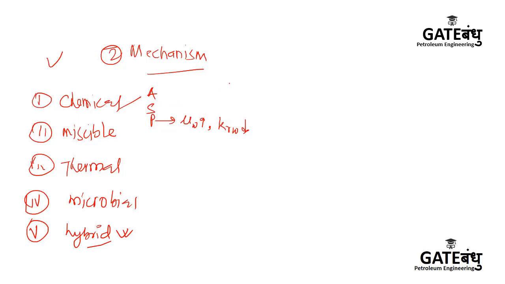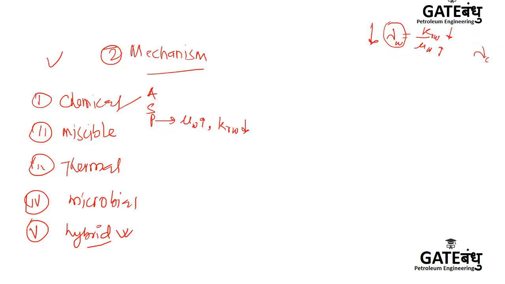We understand mobility: mobility is equal to K by mu. For water, it will be KRW by mu water. If the denominator is increasing and numerator is decreasing, the mobility will decrease to a greater extent. And that's what we wanted: reducing the mobility of water and increasing the mobility of oil.